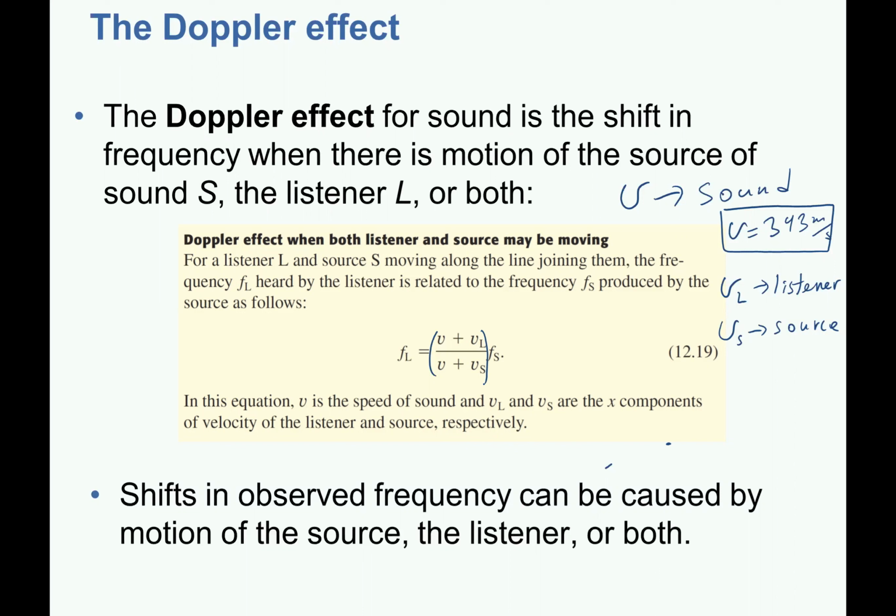And in this equation, V is the speed of sound, and V_L and V_S are the x components of the velocity of the listener and source respectively.